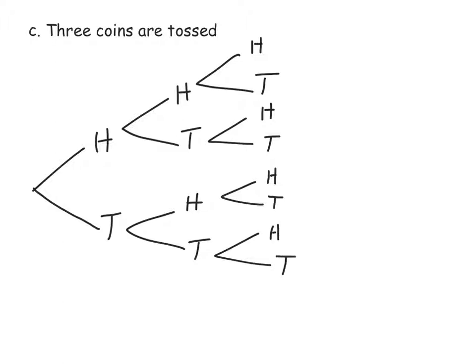Okay? Now here's how a tree diagram works. You always start right here and you can follow what we call a path through the diagram. Here would be flip 1, flip 2, and flip 3.